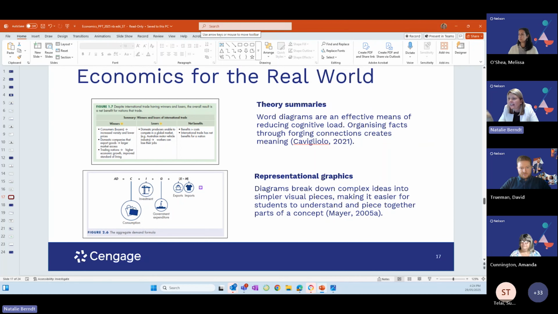You'll also notice in the summaries, we try and do a lot of cost benefits, because that's where we're going with our evaluation: who are the winners and who are the losers? When we did the Mentimeter before and people were noticing perspectives, this becomes really important. With your students, you should be trying to get them to think about who wins in this situation and who loses, because that's the decision they need to make in evaluation.